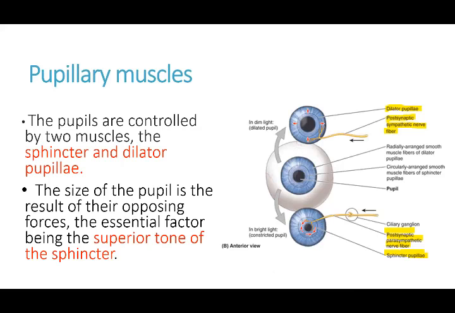Now, the pupils are controlled by two muscles, the dilator pupillae and the sphincter pupillae. The size of the pupil is a result of their opposing forces, the essential factor being the superior tone of the sphincter. So, normally, our pupil is more controlled by the sphincter pupillae than the dilator pupillae.